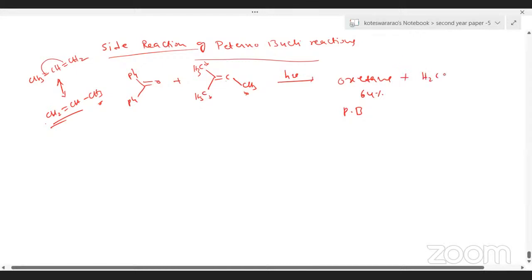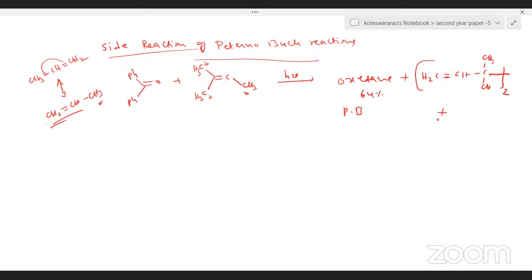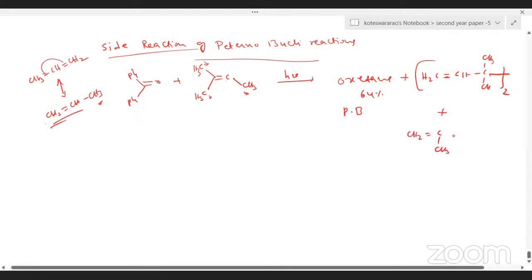Next, a dimer is generated. CH2 double bond CH, CH3, CH3, and this is the dimer. We have seen that dimerization also takes place in the photoreduction of benzophenone. CH2 double bond CH3, CH3.